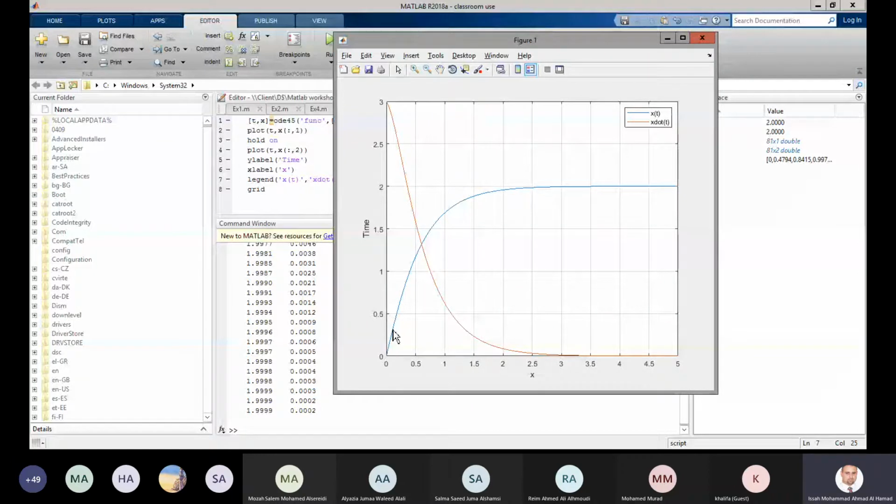This is the first plot, t with the first derivative, which is x of t, and the second plot is for x dot. So the red line is for x dot, and your solution x of t is the blue line.